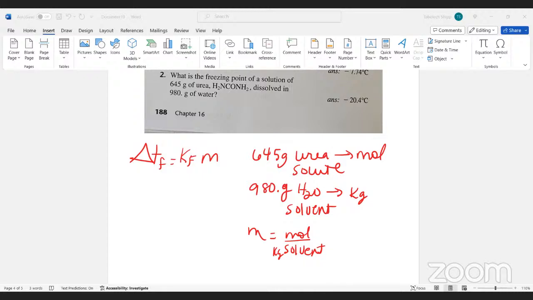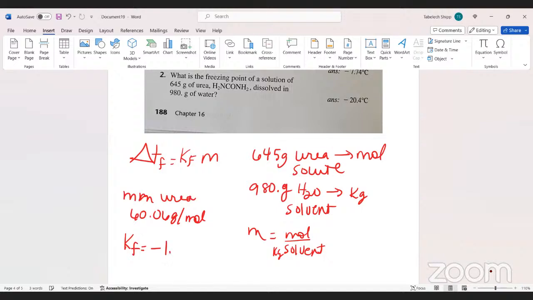I'm going to put this over here also under part of what we need. The molar mass for urea is 60.06 grams per mole. And of course, we're still talking about water, so the K of F is equal to negative 1.86 degrees Celsius per molality.